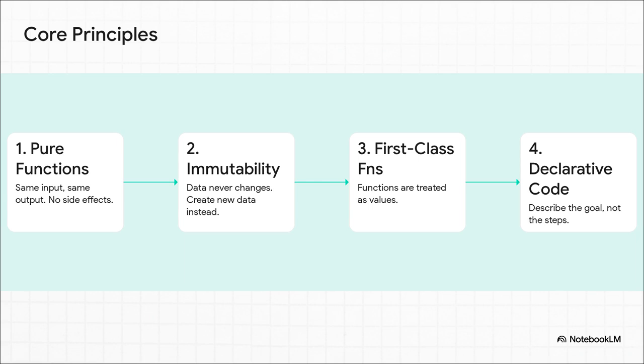No sneaky side effects. Second, immutability. And there's our mantra again, right? You never change data, you just make new data. Third, we treat functions as values. This sounds weird, but it just means we can pass functions around in our code just like any other piece of data. And finally, you write declarative code. You describe the result you're after and let the system figure out the nitty-gritty details.